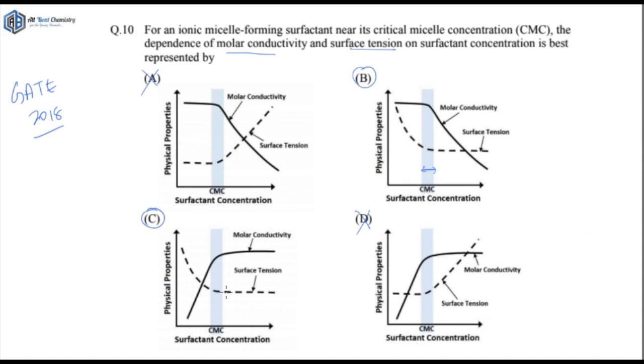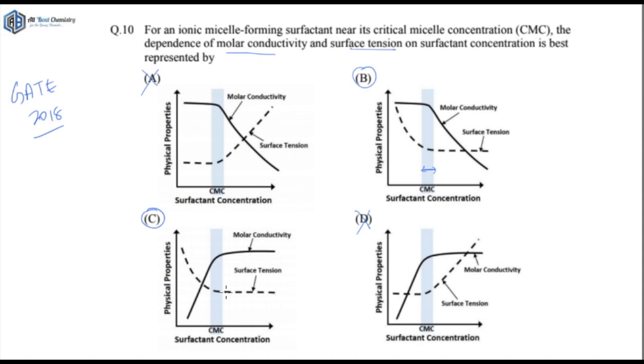Now talking about the molar conductivity. I have told you that in the beginning your conductivity will decrease a little bit, and after the critical micellar concentration your molar conductivity will decrease with a big steep, right? Why? Because now your ions are not available for conductivity, they are forming the micelles.